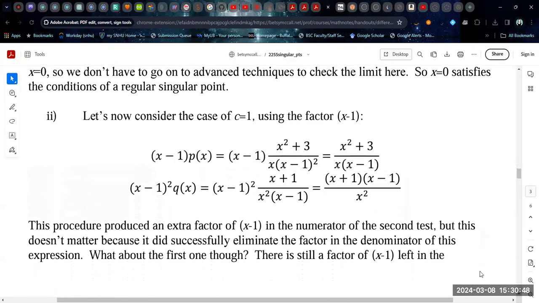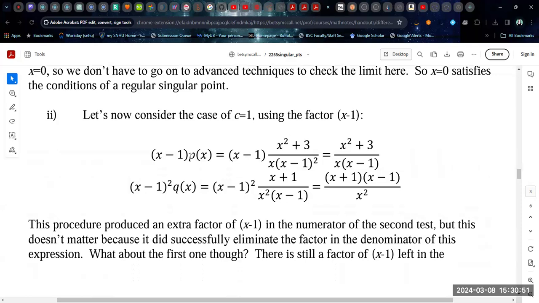Now, if I consider the x - 1 case, then I'm going to take my p equation and multiply by x - 1. That x - 1 will cancel one of these x - 1s. But if I get this result and I try to take the limit as x goes to 1, I'm still going to get 0 in the denominator. This is still undefined. This is still an asymptote. I don't need to actually evaluate the next one because this is still an undefined limit, and therefore it is irregular.